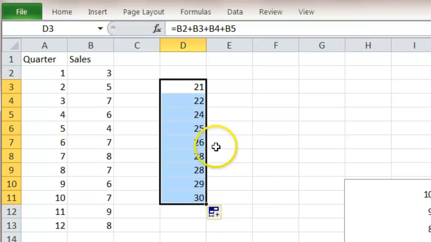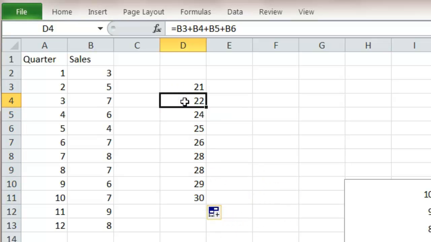We go down to here. So this number, for example, 22, is the sum of 5, 7, 6 and 4. It's the second to the fifth. It still includes one of each sort of quarter, one spring, one summer, one autumn, one winter. So we now have 4 quarters added up, but as I say, we don't quite know where to put them.